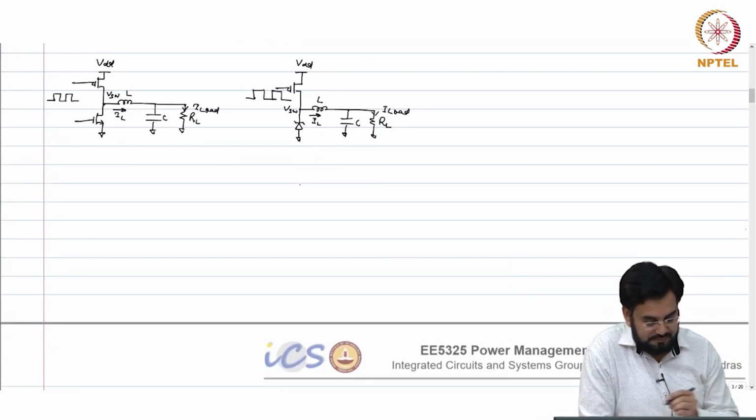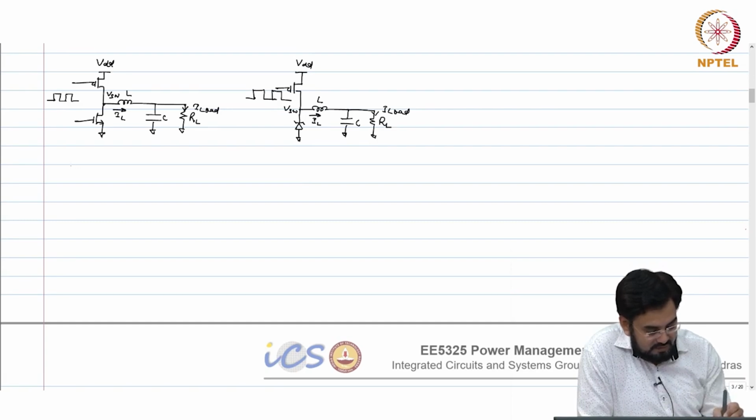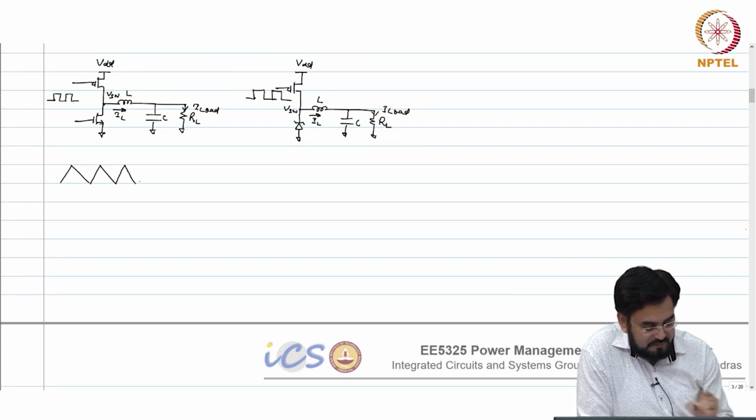Okay. This is I load and this is your delta I. So let's say my zero current is here.